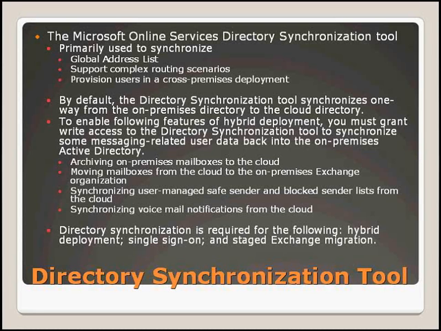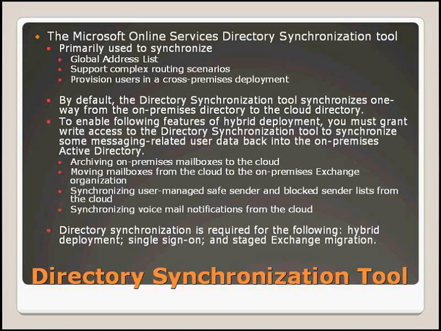All right, and this is not required for everyone. If you ask me, not everybody is going to have a primary on-premises and an archive on the cloud. So you only need to provide the write access to the directory synchronization tool on your on-premises AD if you want to do the following, which I said.